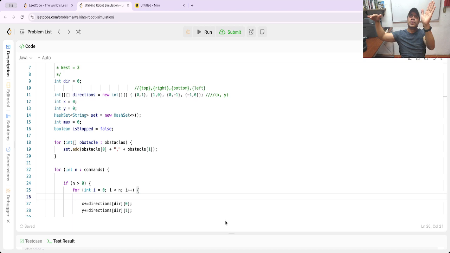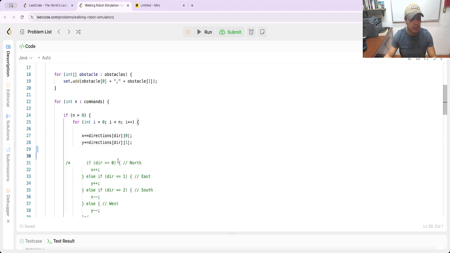For example, you have negative in y. Yeah, it should work with negative too.